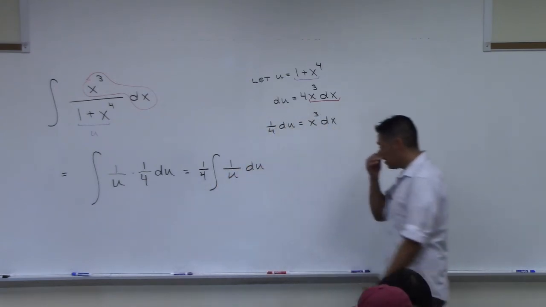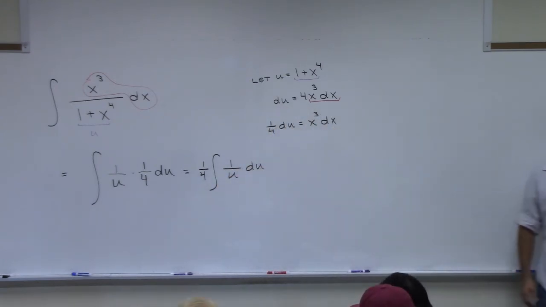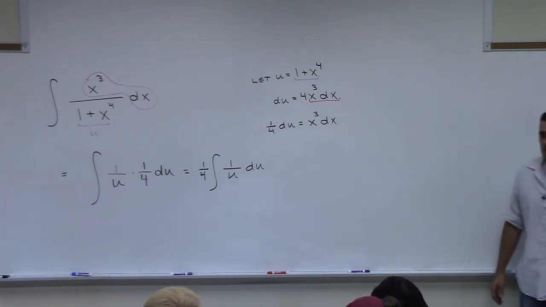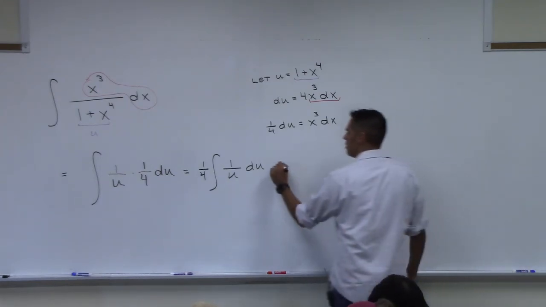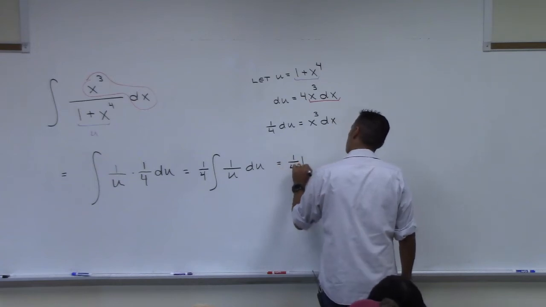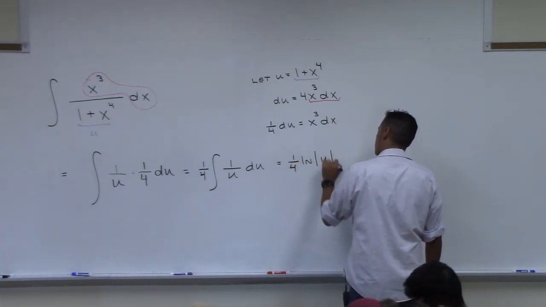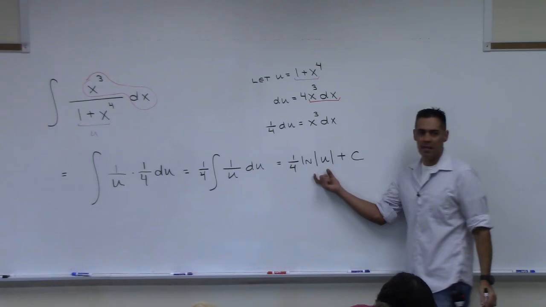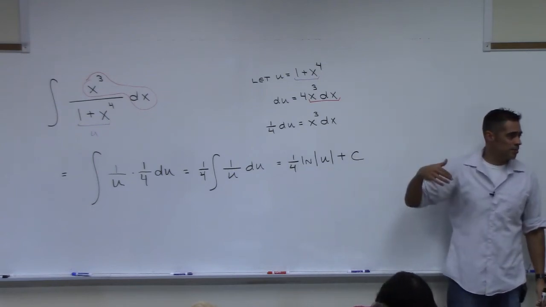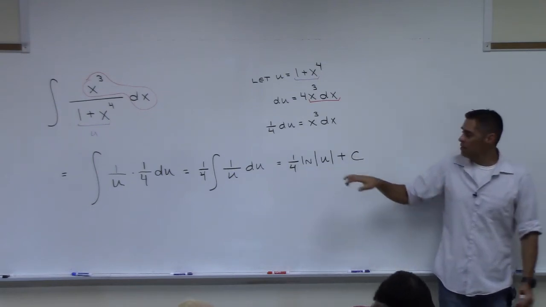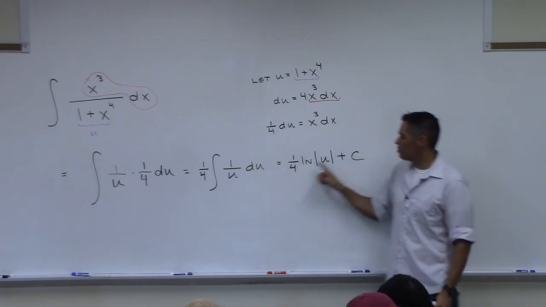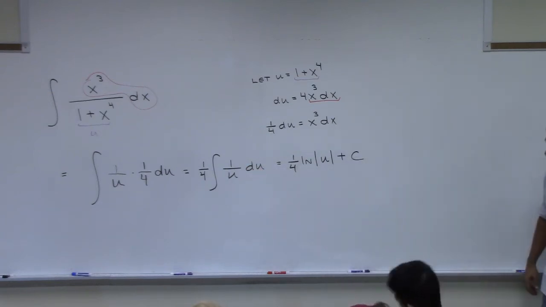Do you know what the antiderivative of 1 over u is? The natural log. Okay? So this is going to be 1/4 the natural log of the absolute value of u. Remember that last class I said anytime you do the antiderivative of 1 over x, you get natural log of x. So the antiderivative of 1 over u is natural log of u. But what is u?